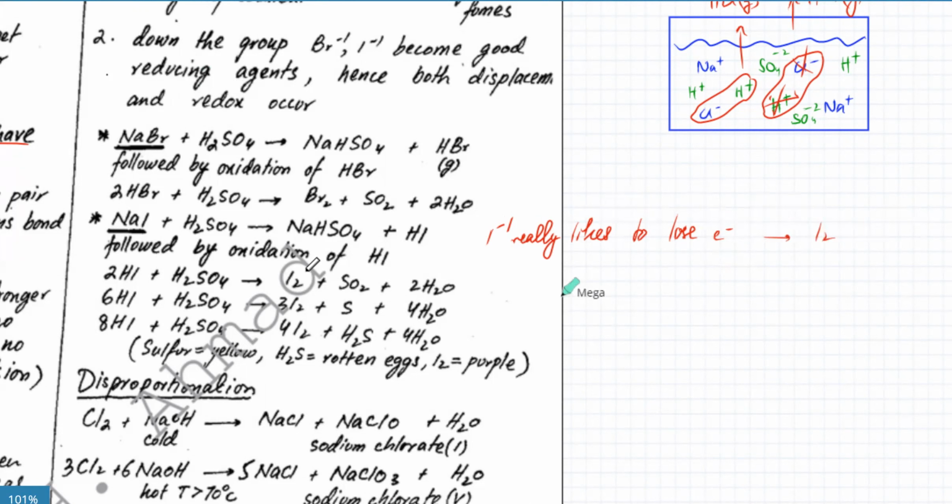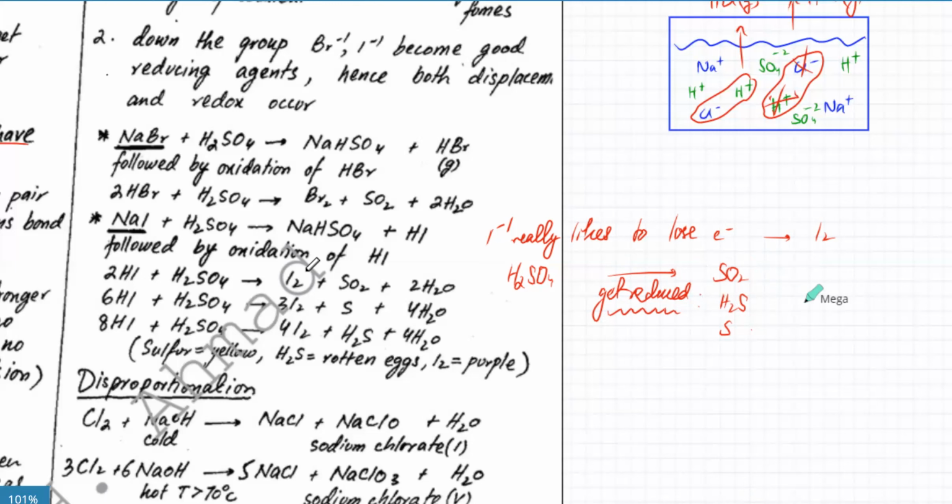And the other one, H2SO4, is the one that is then forced to gain electrons and gets reduced. So it turns into SO2, it turns into H2S, or it turns into sulfur, it gets reduced to all these things. Okay, is this clear? Yes. So it gets reduced. So that's the thing that's happening.